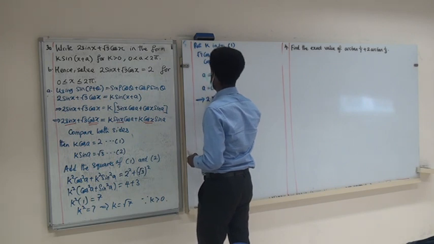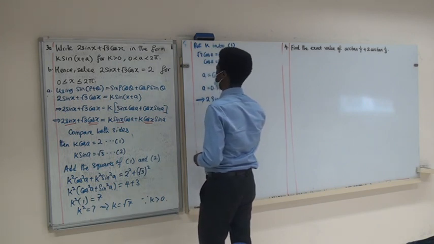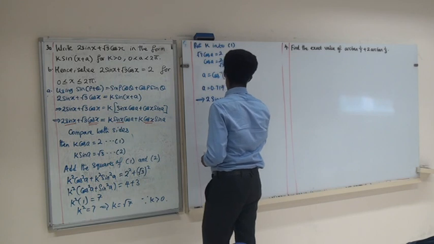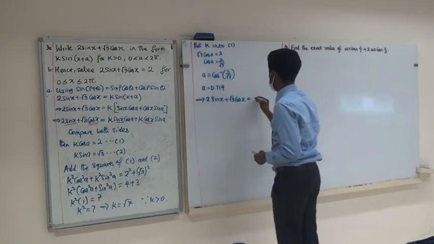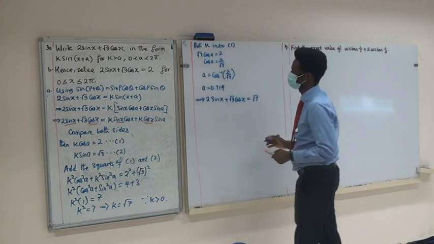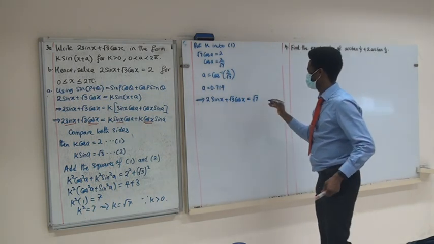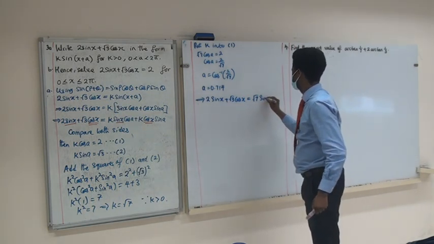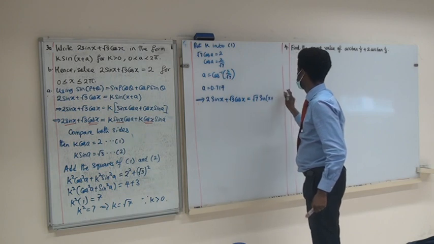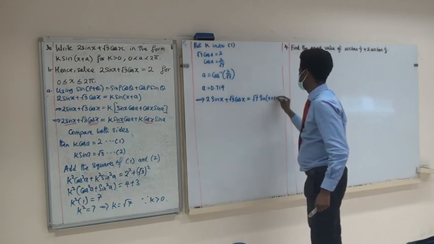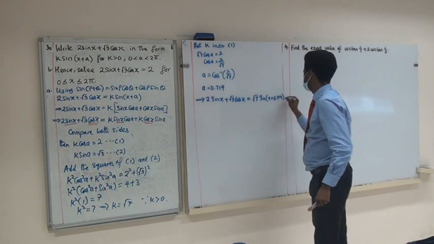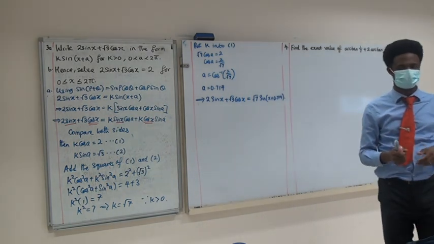2 sine x plus root 3 cos x is now what? Root 7, yes? Root 7 sine x plus 0.714, that's it. Okay?